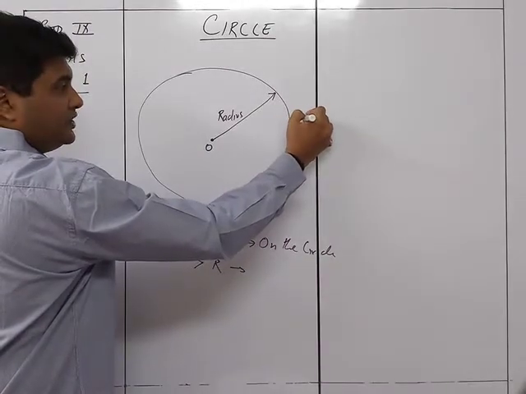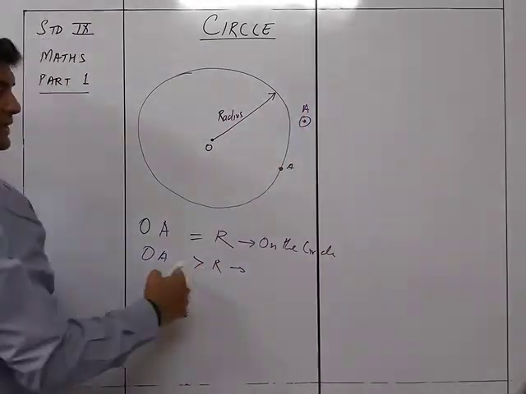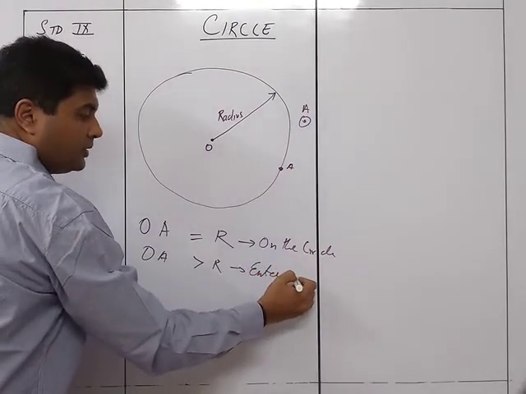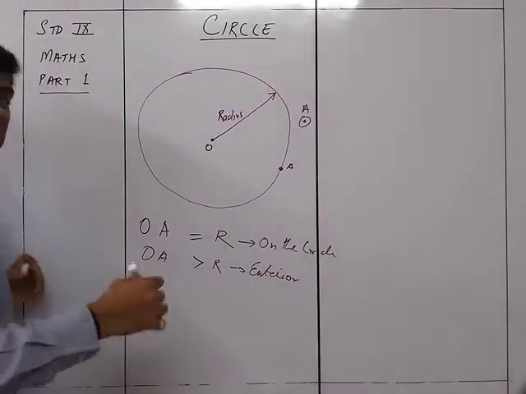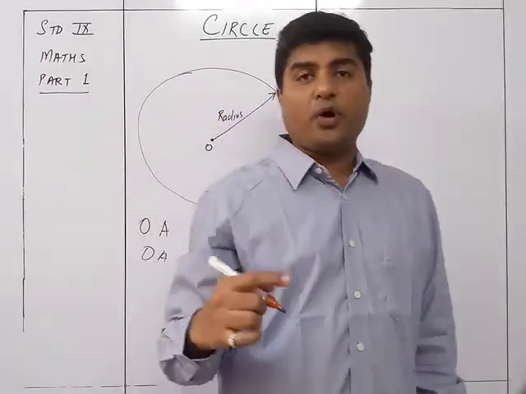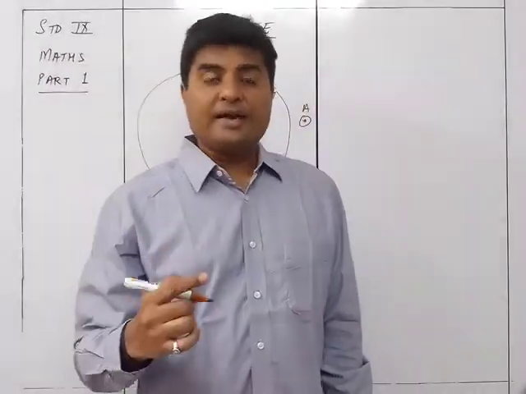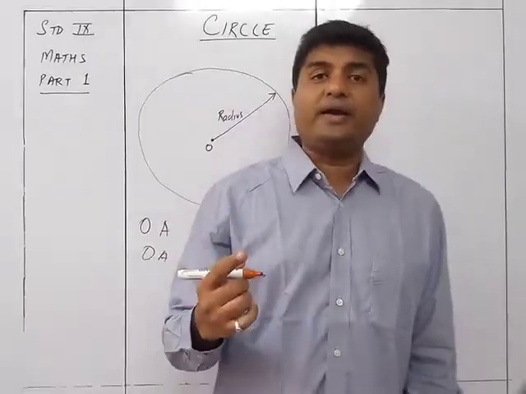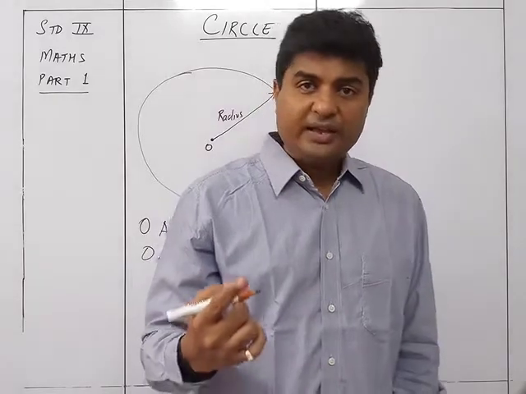So this point A will be in the exterior of the circle. The point which is outside the circle, that means the distance between the point and the center of the circle is greater than the radius, is in the exterior of the circle.